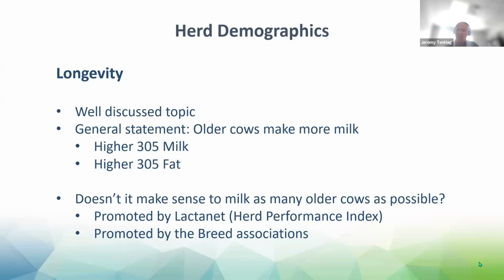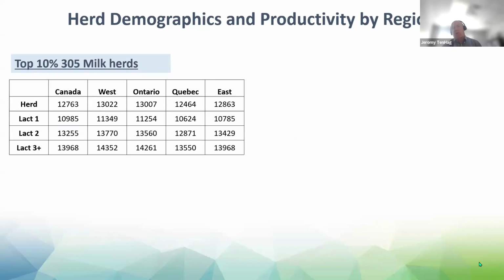That kind of thinking is promoted by Lactanet, at least in some way, through the herd performance index, or what was previously called herd management score. And there is a score in there specifically related to longevity, certainly promoted by breed associations. So that's where I would say we're at right now, and where the discussion has been.